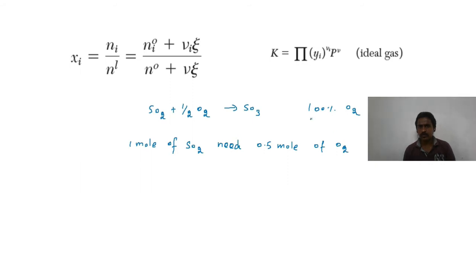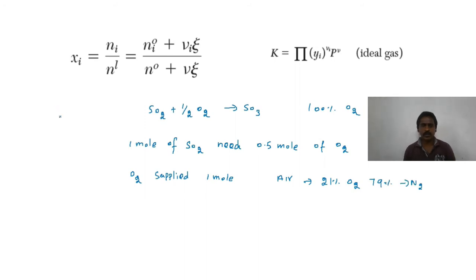Since 100% excess O2 is supplied, the amount of oxygen supplied will be 1 mole. Also in the problem it is given that air is supplied as the oxygen source. Air contains only 21% oxygen. The remaining 79%, approximately, is nitrogen.